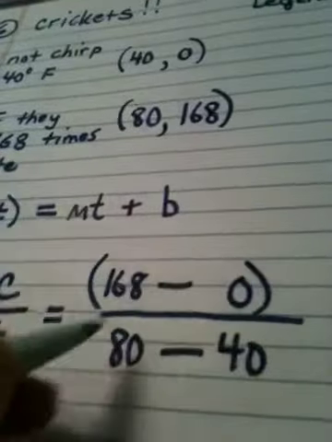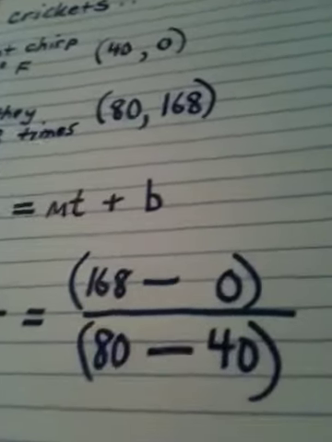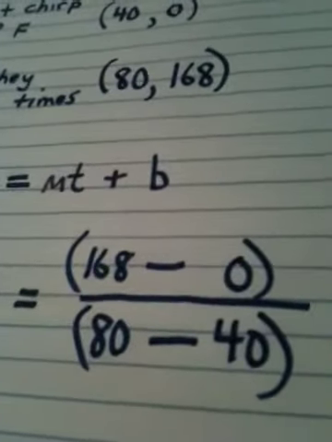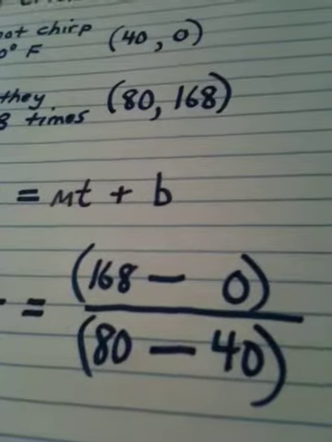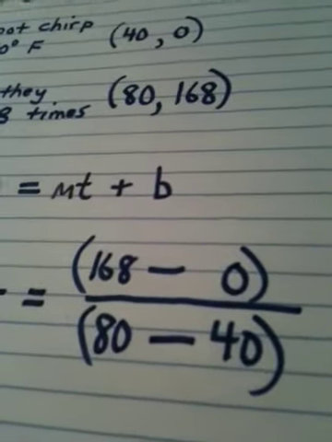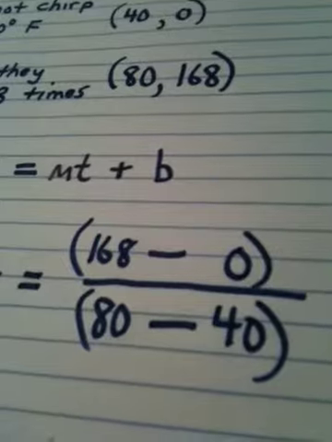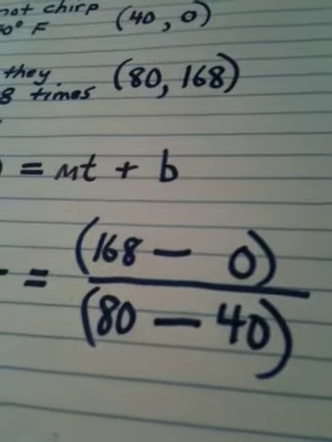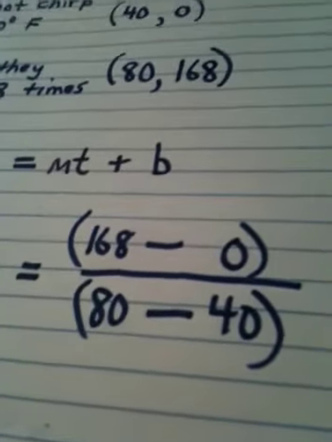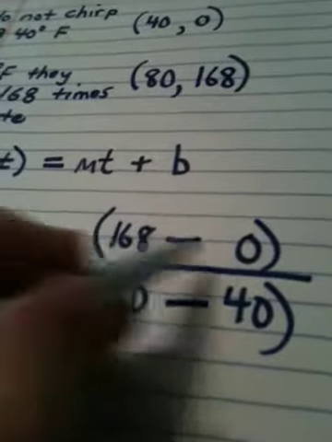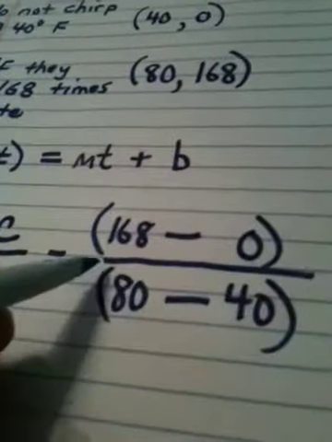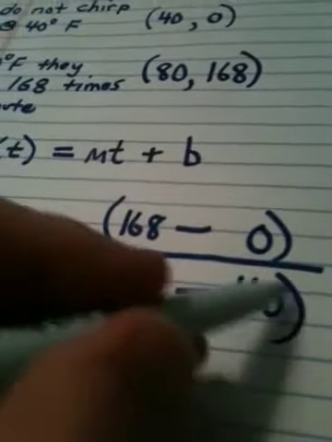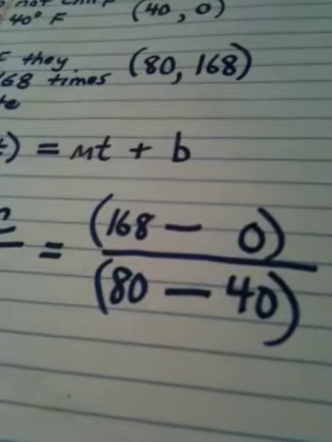All right, if I go to my calculator and I type in left paren 168 minus 0, right paren, divided by left paren 80 minus 40, right paren, and hit enter.